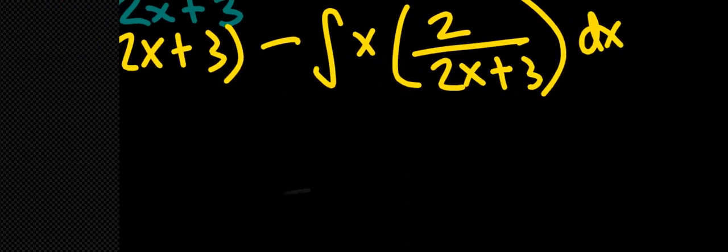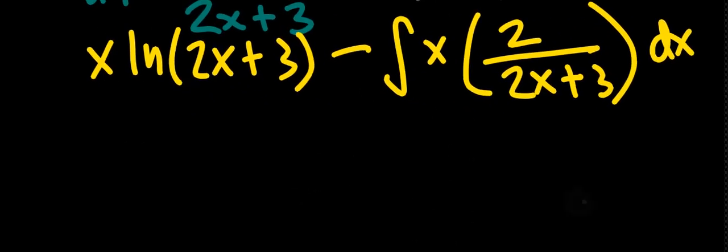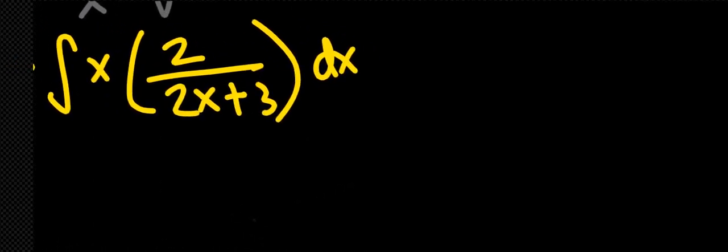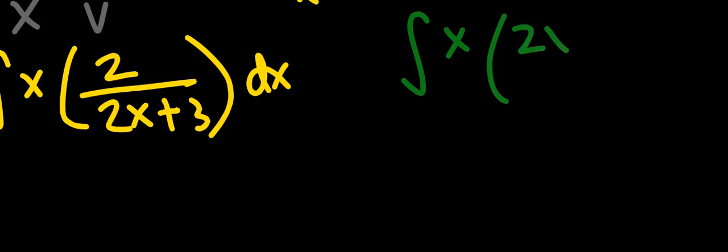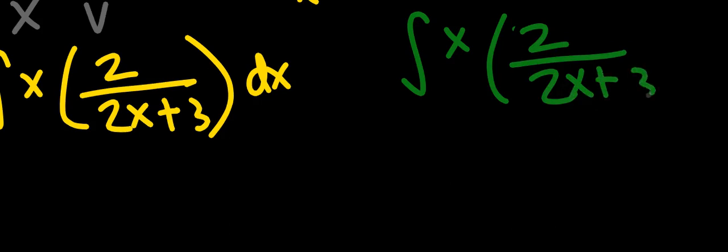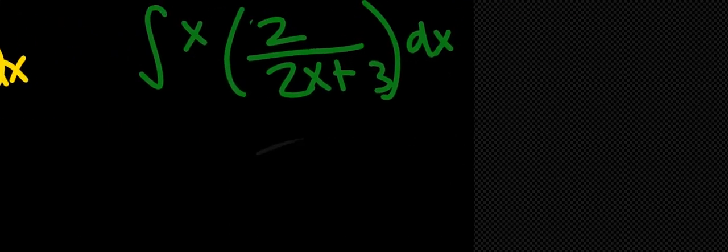Because I don't want to write this again and again, I'm going to first solve this integral out: the integral of x times 2 over 2x plus 3 dx. Okay.